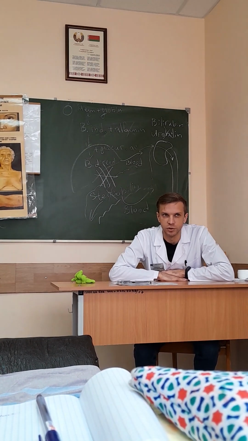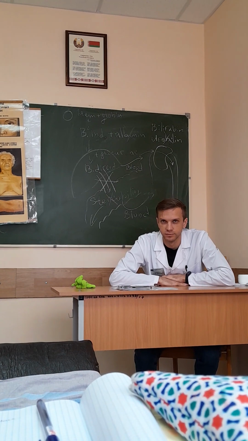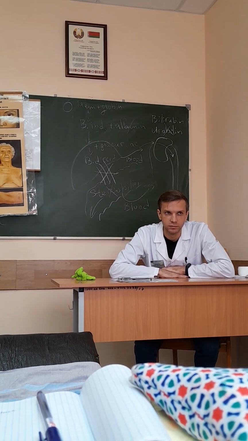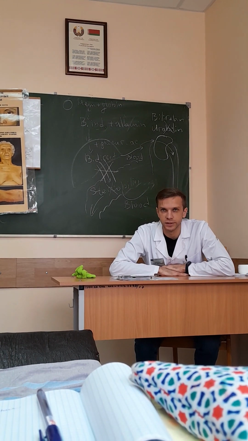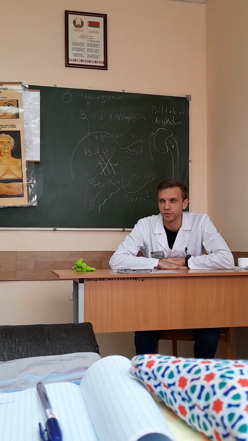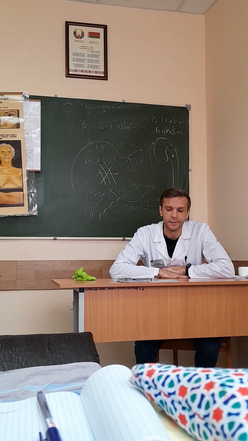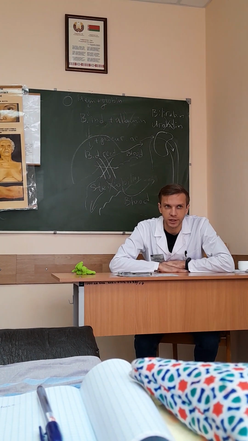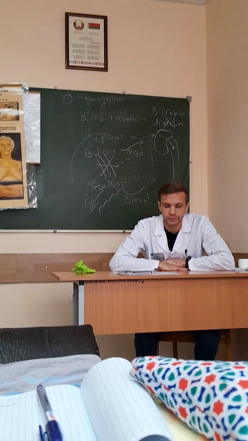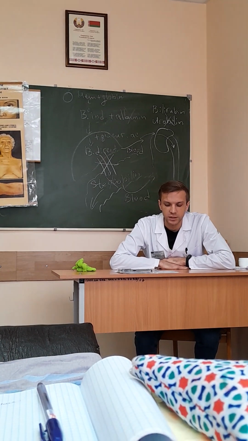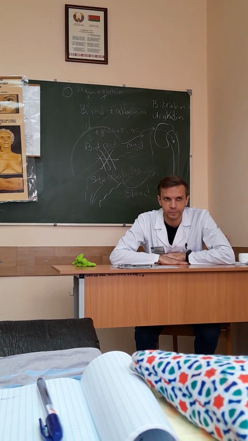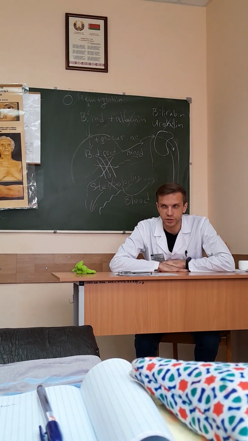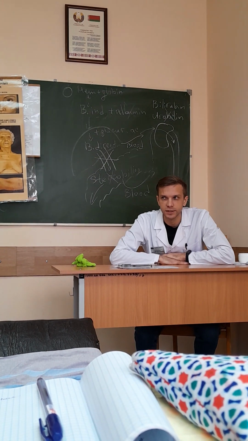Next syndrome is syndrome of cholestasis. Cholestasis is like a mechanical jaundice or some mild stage of mechanical jaundice. Cholestasis is elevation of direct bilirubin, GGTP, ALP, LDH, and cholesterol.